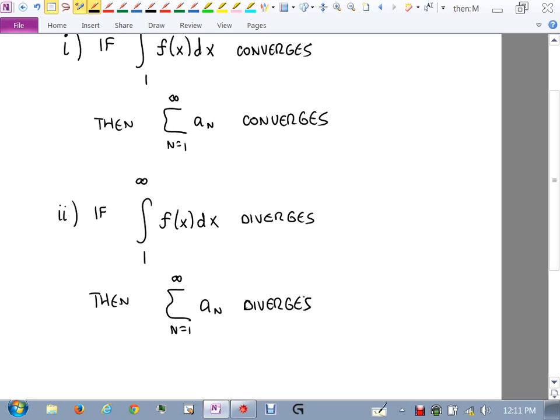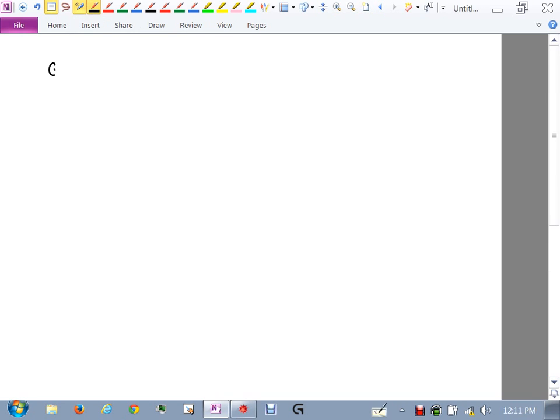All right. Let's see if we can apply it. Here we go. Example. Does the sum n equal 1 to infinity of n over n squared plus 4 converge or diverge?